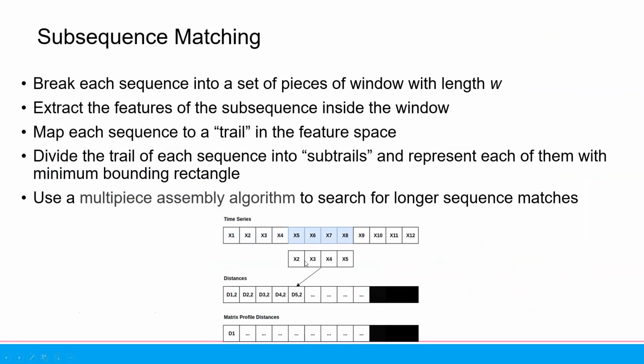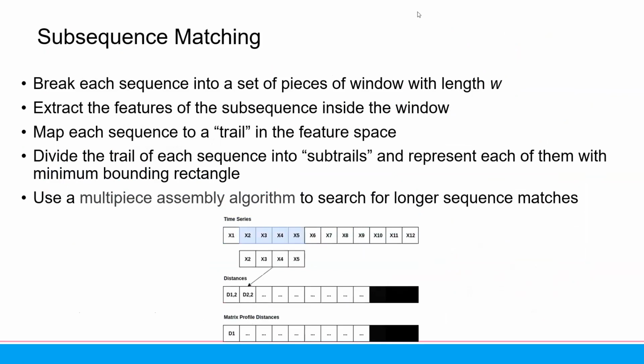So after I know the first window, x1, x2, x3, x4, then it means I will check the distance. So you can see this one. This is the second distance, this is the third distance, this is the fourth distance, this is the fifth distance, and so on, then we can check later.